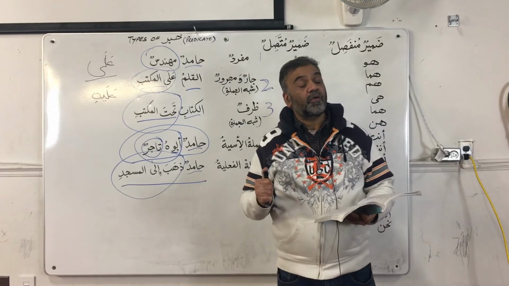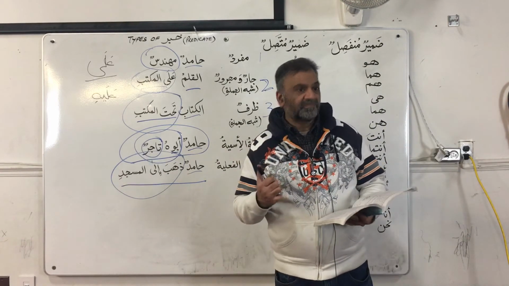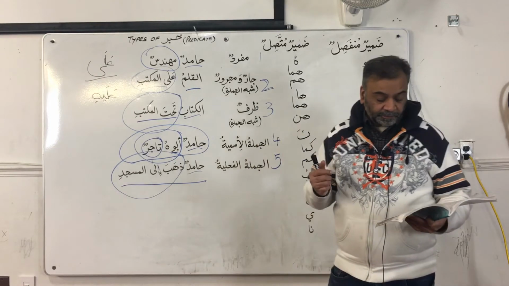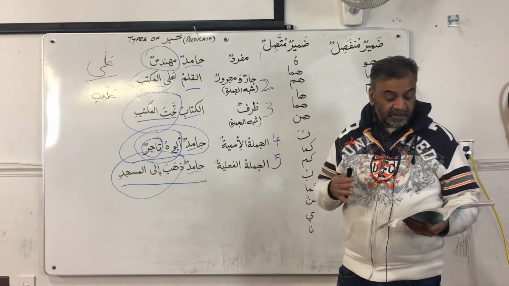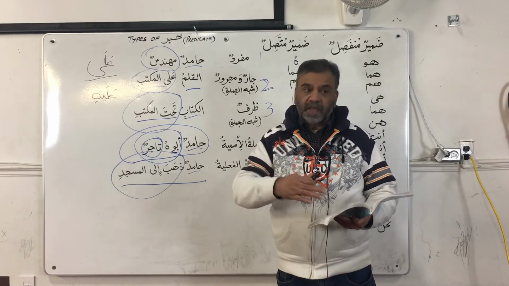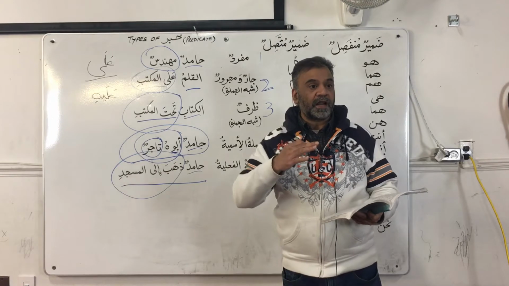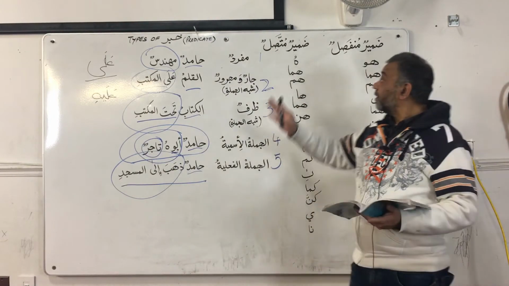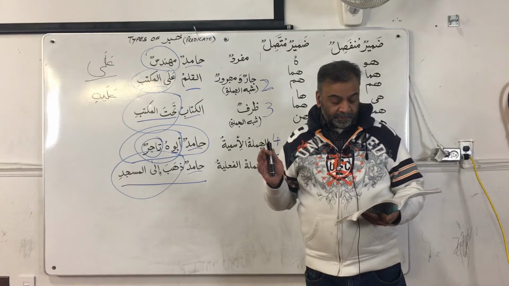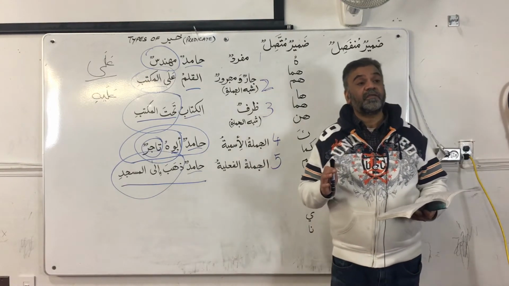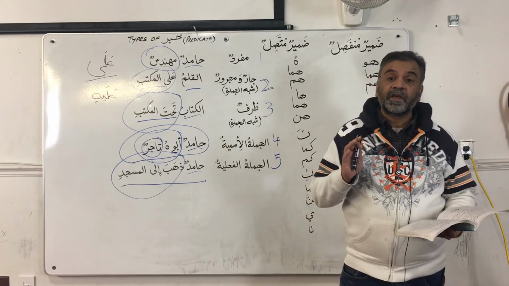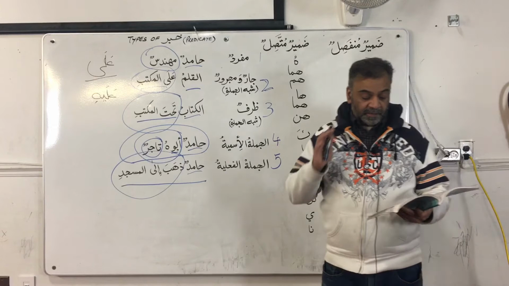You say huwa minal Yamani, for example, if he is from Yemen. And the 18th is ma lughatuhu, what is his language? The same questions are coming over and over, right, but with different damir muttasil. Then you say lughatuhu al Arabiya, his language is Arabic.